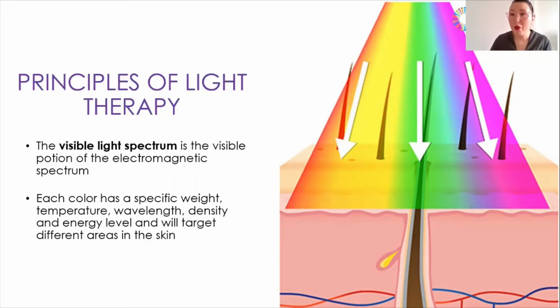Now, it's really important for us to know this because depending on what IPL or laser we choose, what wavelength or color light we choose is going to vary what we can use that machine for. So it's really important to understand what you would like that IPL or laser to do and what wavelengths you might need in order to achieve that. For example, if you have a lot of acne clients, you are going to need a color or a wavelength that treats acne.